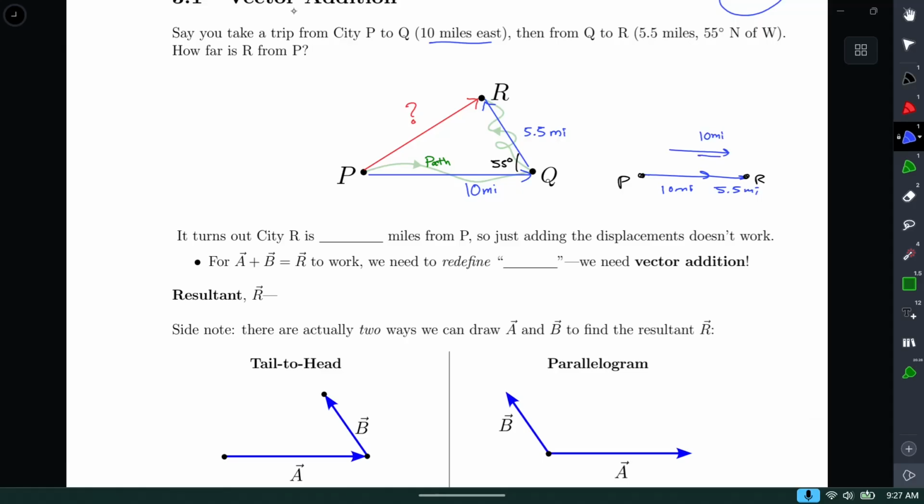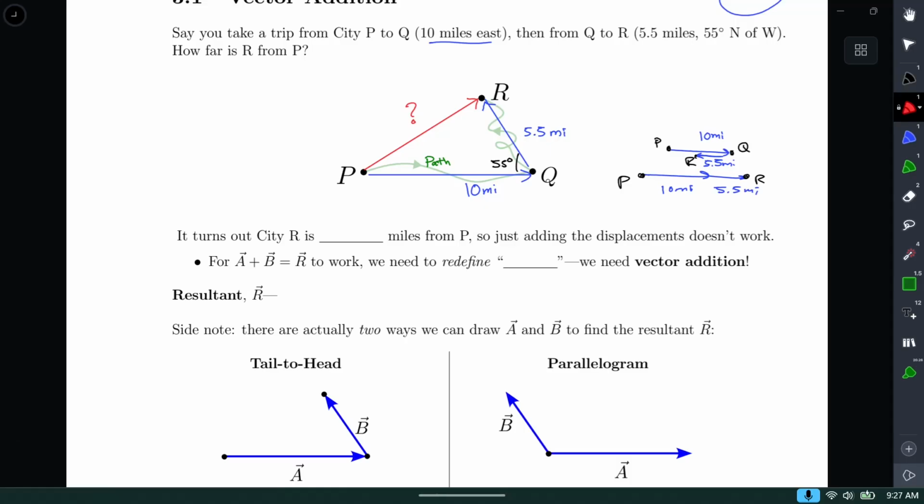And then I was like, oh, I missed city R. It was actually back the other way. So I backtracked by 5.5. I know how to deal with that. How far away is city P from city R? 4.5. I just subtract. So in 1D, it's absolutely no problem at all.